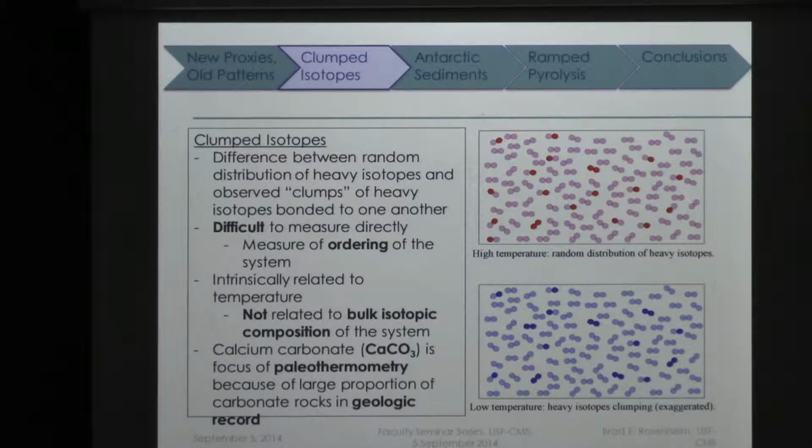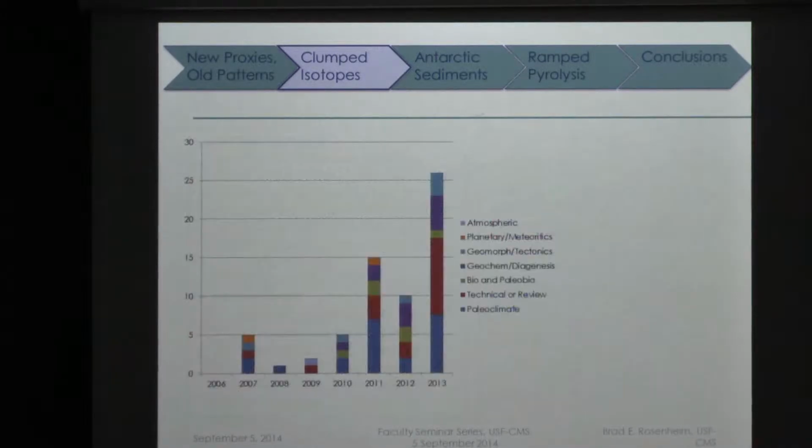But what's interesting about this is that this is a property of the element itself, and it's removed from the bulk isotope composition. So we remove some of the difficulties in making assumptions about the isotopic composition of past water masses in which calcium carbonate is precipitated. And that's really the focus of this, calcium carbonate and other carbonates, and using it in terms of paleothermometry, because that makes up a large portion of our geologic record.